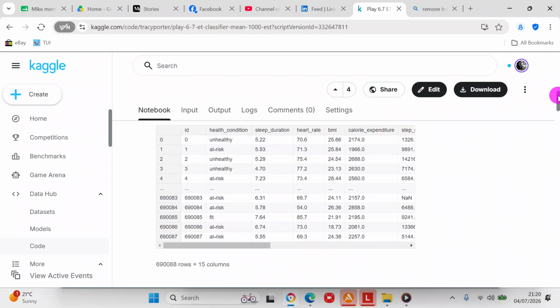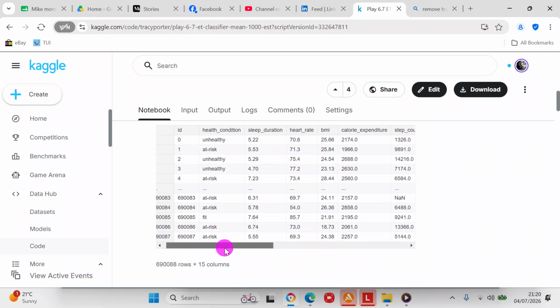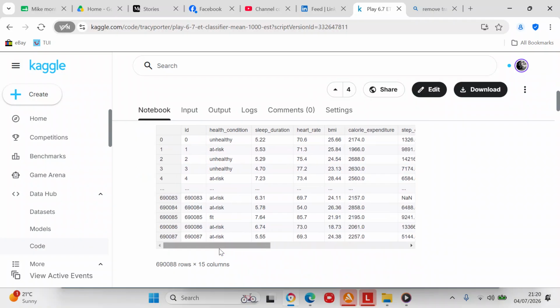So you can see the train data frame, and what's unusual about this data frame is you have the health condition in column 1. So column 0 is the ID, or really you've got an index, and then column 0 is your ID, and column 1 is your health condition.